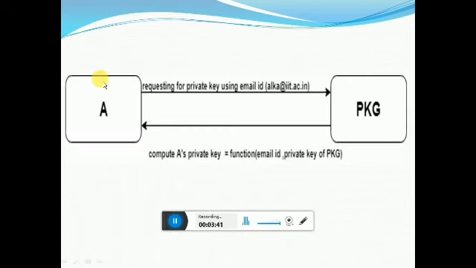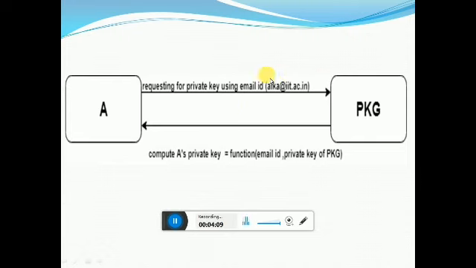The points we have discussed are represented in the form of a figure here. First, A requests the private key using his email ID. After performing the verification of this email ID, the PKG generates the private key of A using his own private key and Alka's identity.